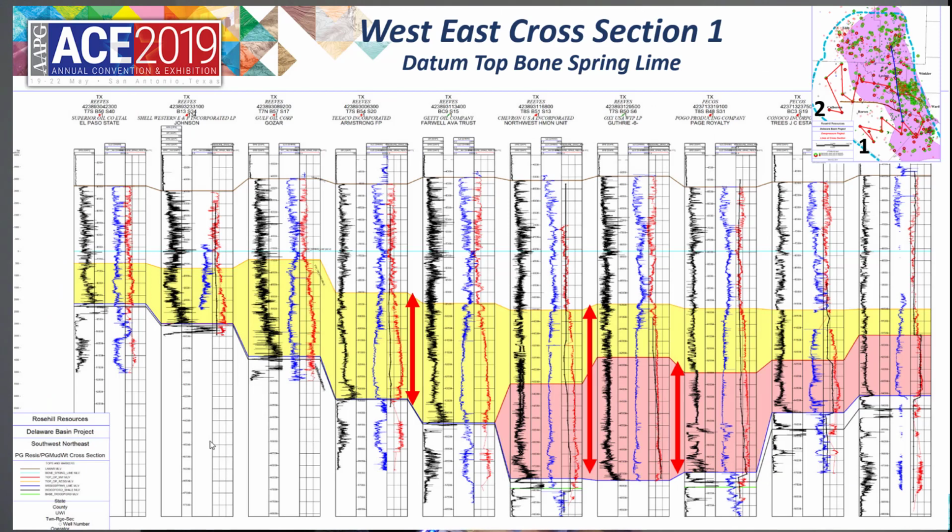Yeah, they will set pipe above, like in the Rustler way up here, then they'll drill through the salt section right here. They will set pipe right about here at the top of the Bone Springs, or in the top of the Wolfcamp. The deep gas wells would be setting pipe in Wolfcamp A most of the time.